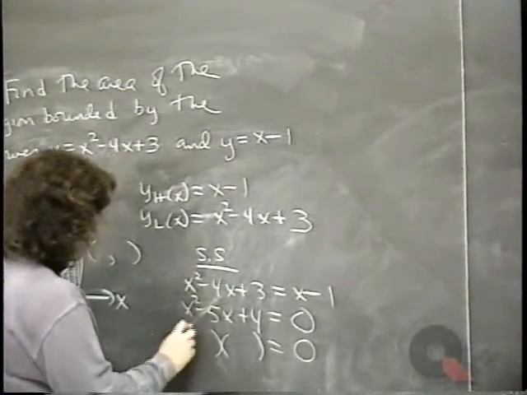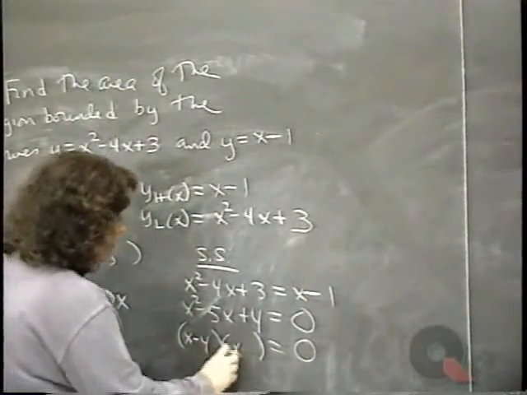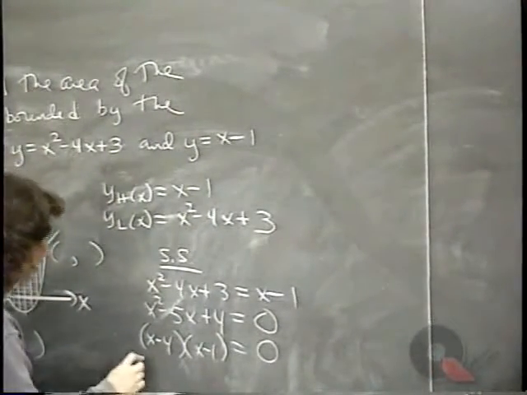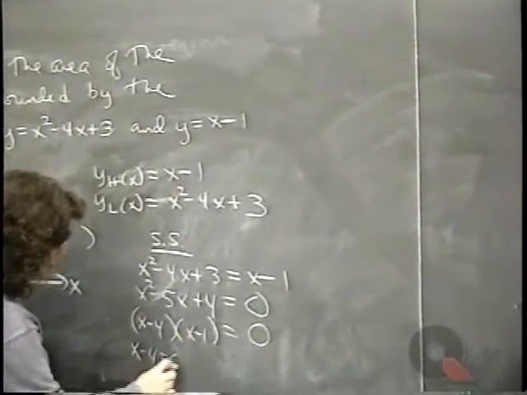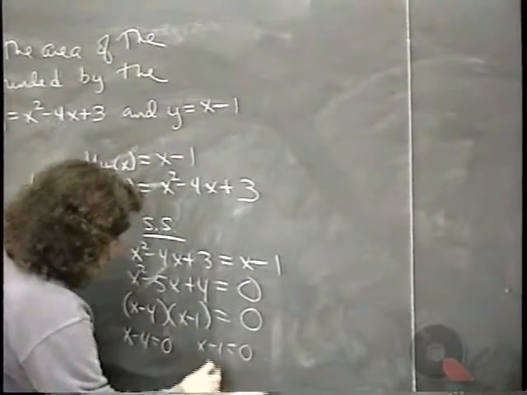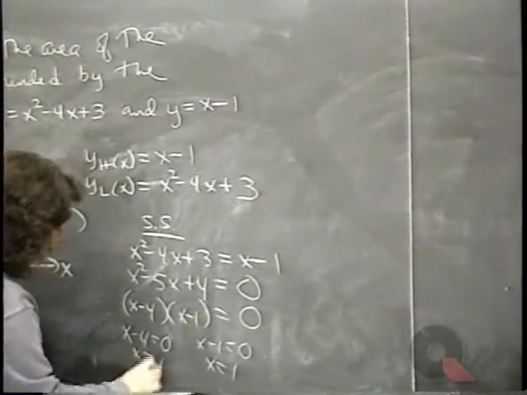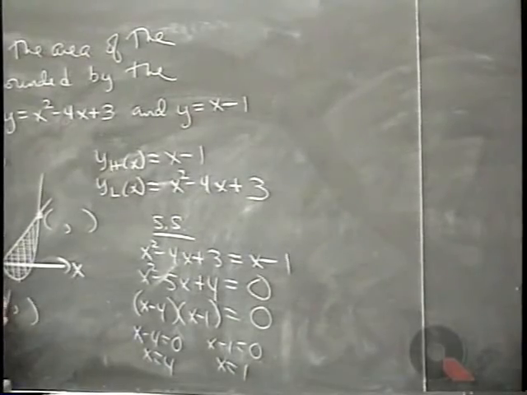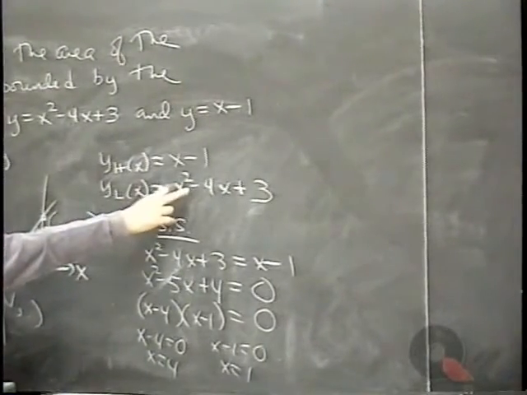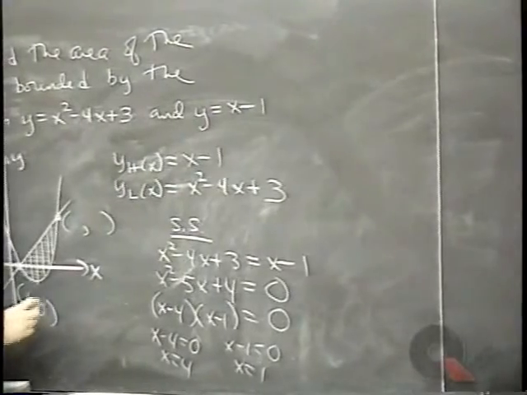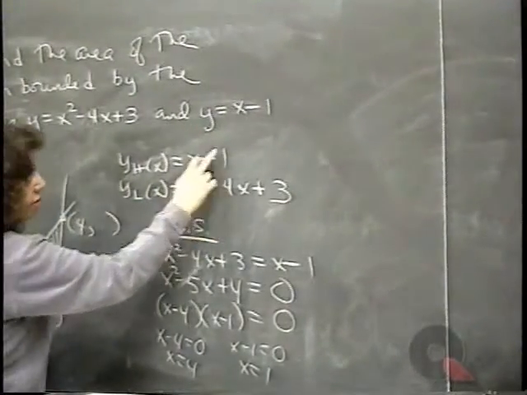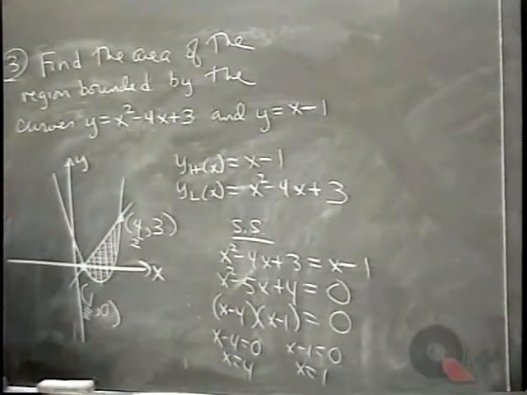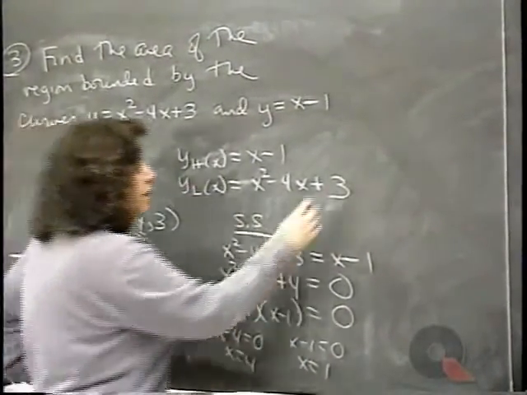Factoring this quadratic equation, we have x minus 4 times x minus 1, checking x squared minus 5x plus 4, giving us x minus 4 is 0 or x minus 1 is 0. x equals 1, and x equals 4 as the x coordinates of these points. If x is 1, y in either of these is 0. If x is 4, y in either of these is 3. A and B are therefore going to be 1 and 4 respectively.